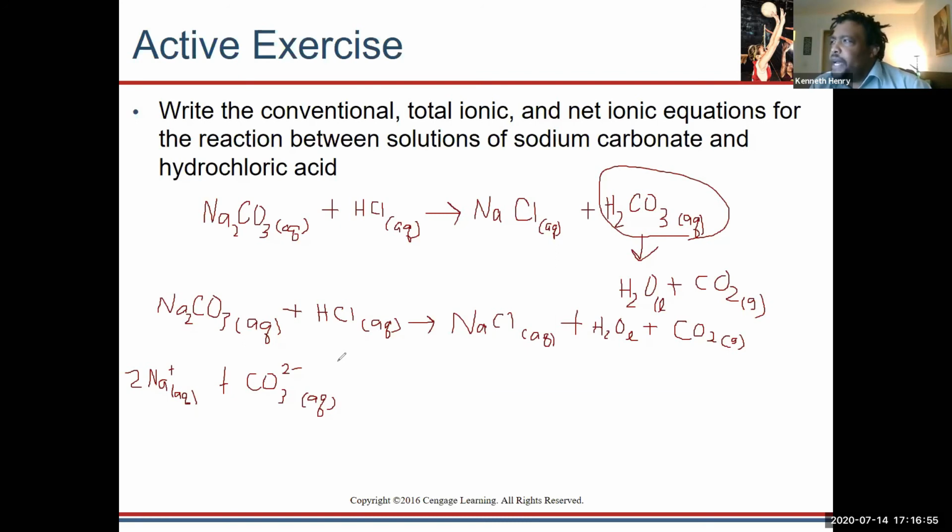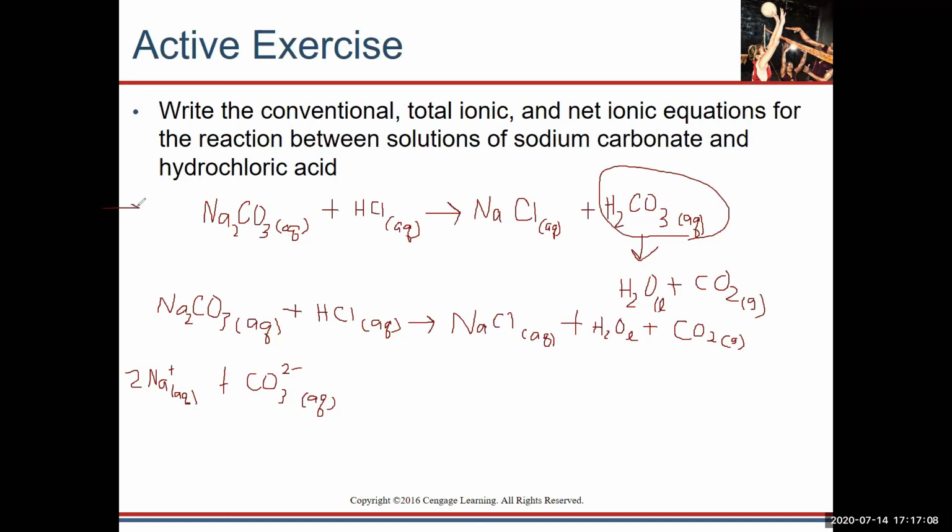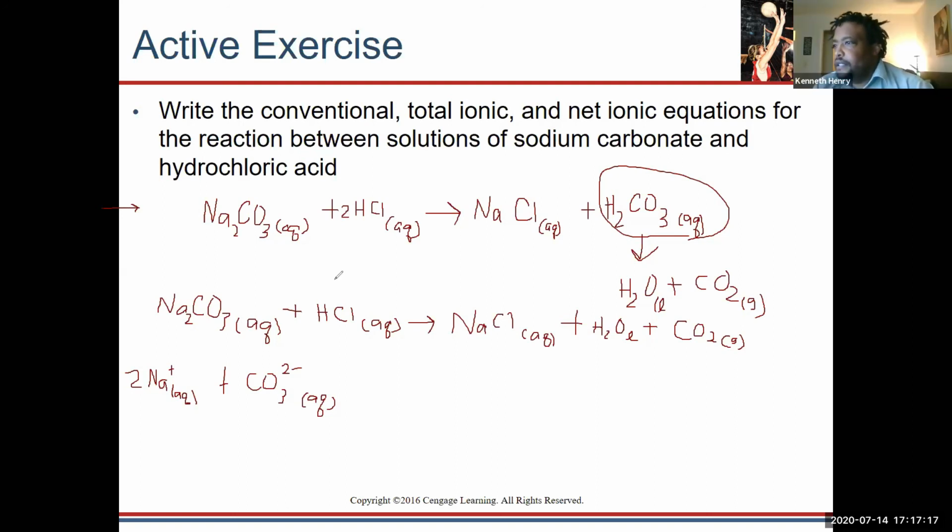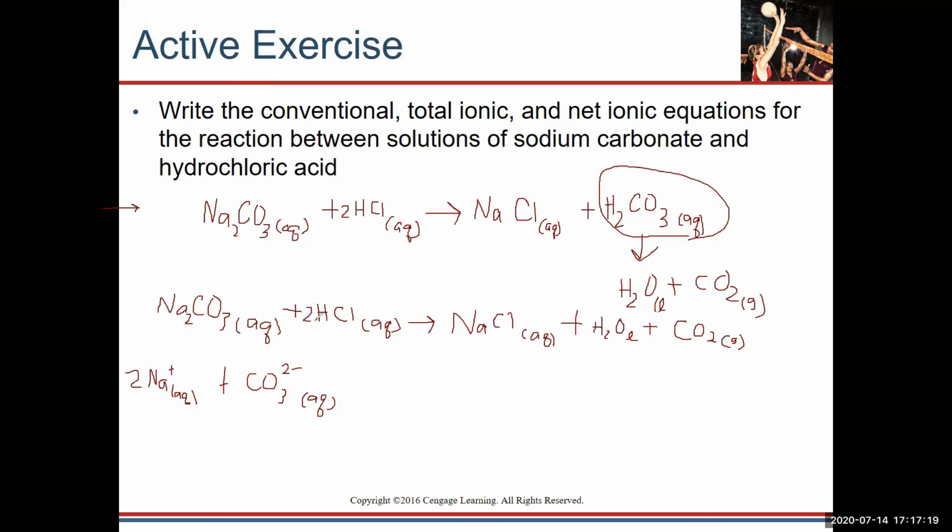Oh, is our equation balanced? We have to do that up here. Is it balanced? You need a 2 coefficient in front of the HCl on the reactant side. Then you need a 2 in front of the NaCl on the product side. And I think you're good.